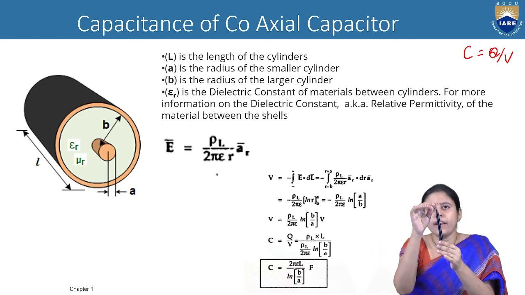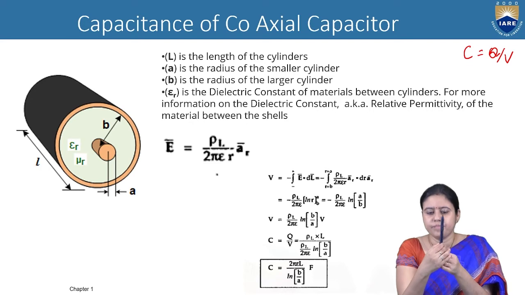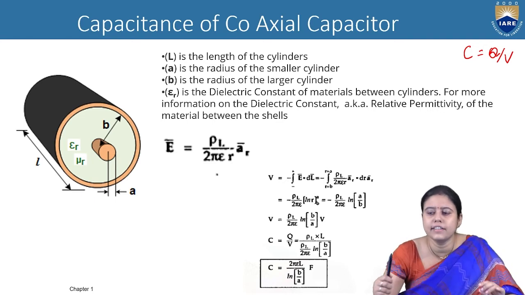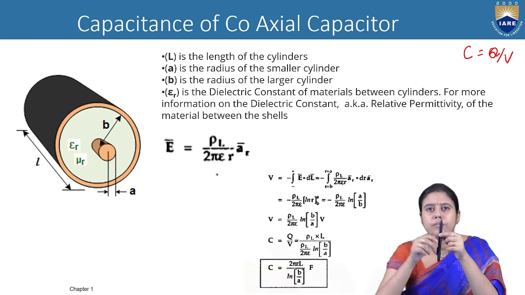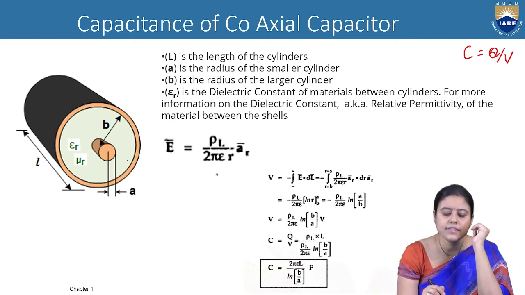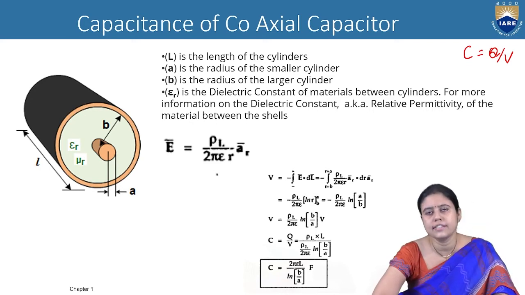If this is the pen, we can think that the inside one, the nib, is one cylinder, and the outer side is the other cylinder. But in both cases, the axis is the same. You can see this is one cylinder, this is the other cylinder, and they have one common axis.